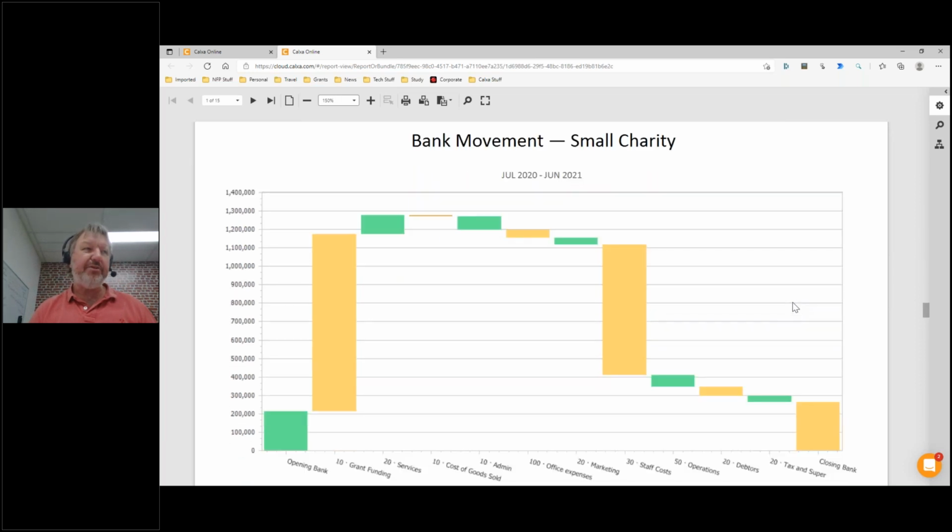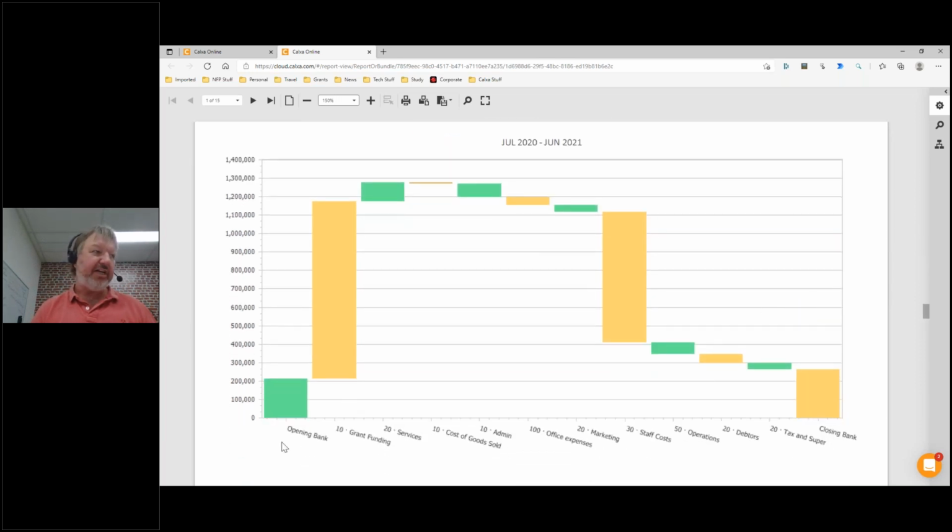And then the bank movement report chart. Numbers are great, especially when you want the detail. But for non-accountants, non-financial people, often pictures can tell that story better.